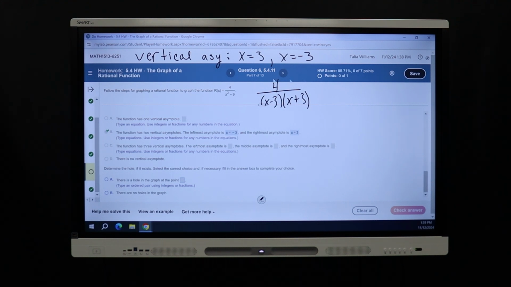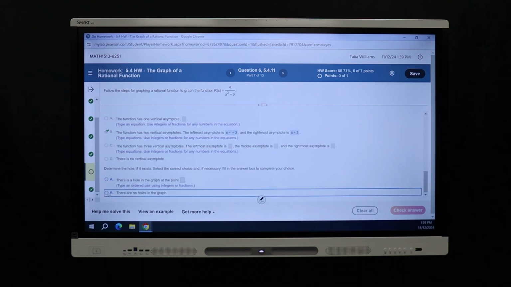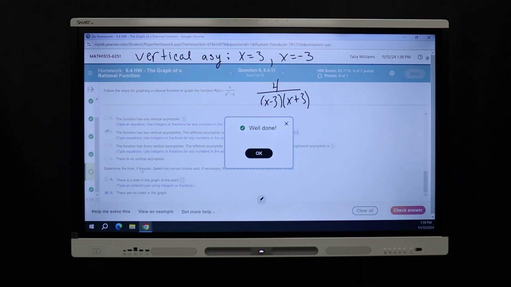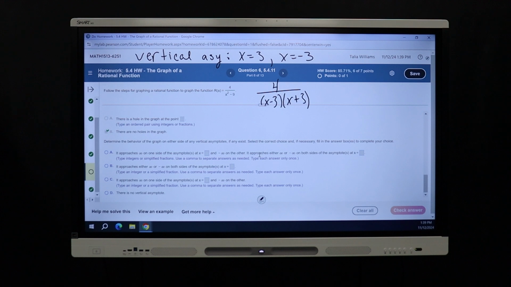We have no holes in our graph. We don't even have an x in our numerator to be able to act like we could. Vertical asymptotes. So looking at the multiplicity on these, they are both 1 because we don't have an exponent there, so that means it's 1.